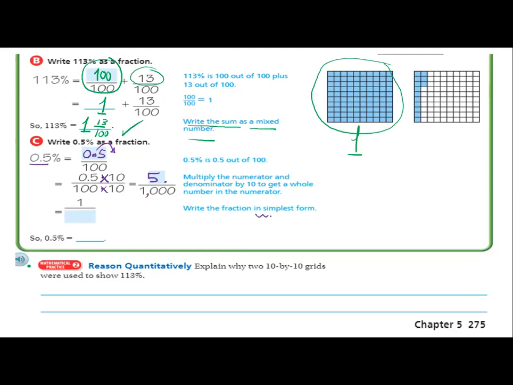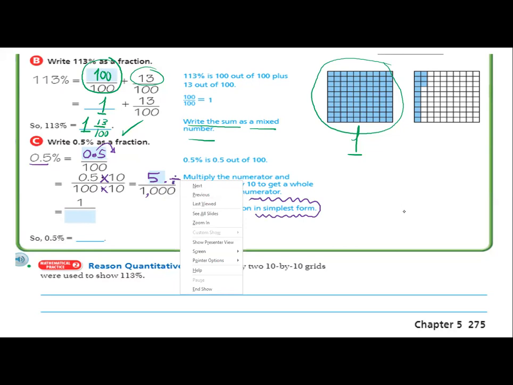Let's write it in the simplest form. I need the answer in the simplest form. What should I do, Muhammad, to write it in the simplest form? We're going to divide. Divide by what? Look, 5 and 1,000 have a common factor, 5.